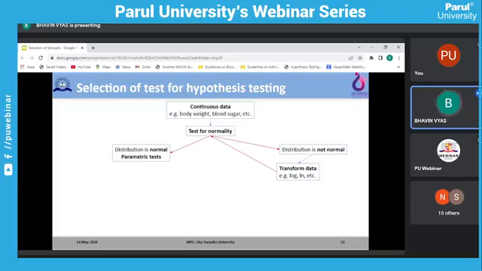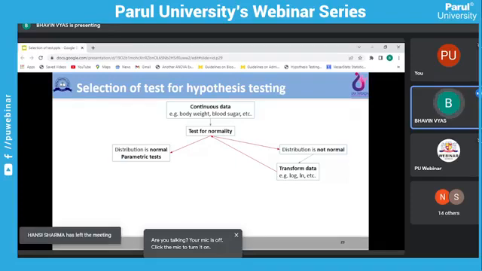Transformation: either you can take log of that, ln of that, or you can take percentage of that. You can transform that data, and then again check normality on the transformed data. If it is normally distributed, then you can select something called a parametric test.